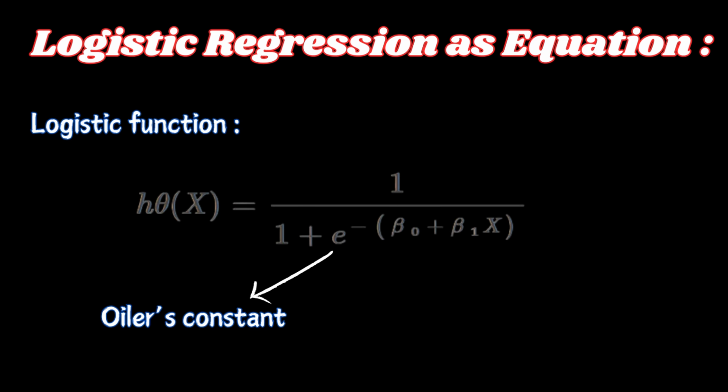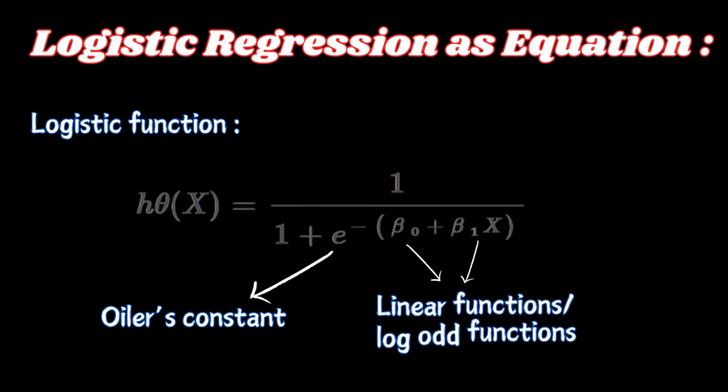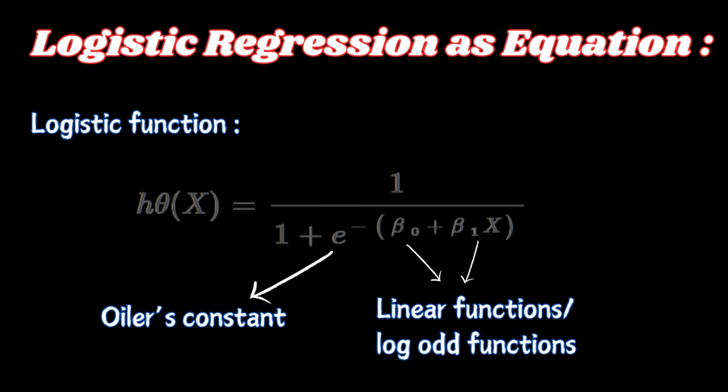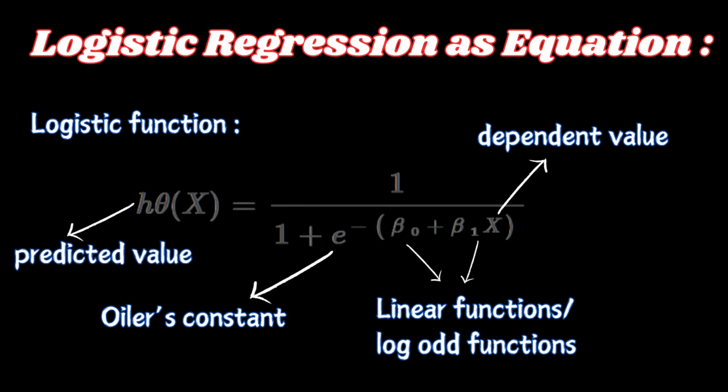Beta 1 x plus beta 0 is a linear function, that is the log odds function. Thus, the probability that the dependent variable is 1 is given by this equation for a given value of the independent variable. Here the dependent value is f(x) or y, the predicted value, and independent values are x1, x2, etc.